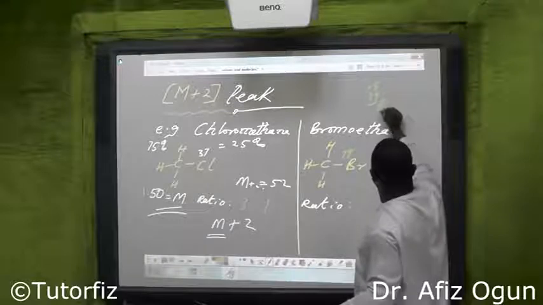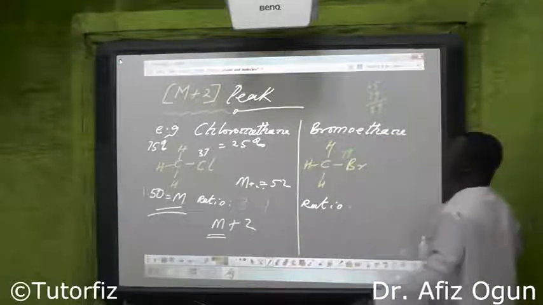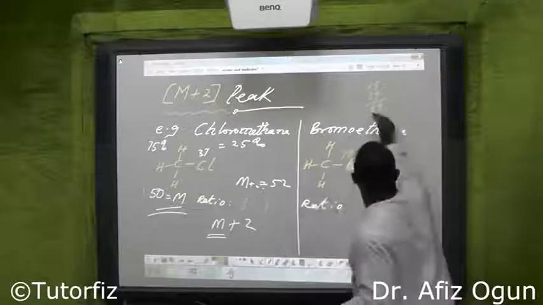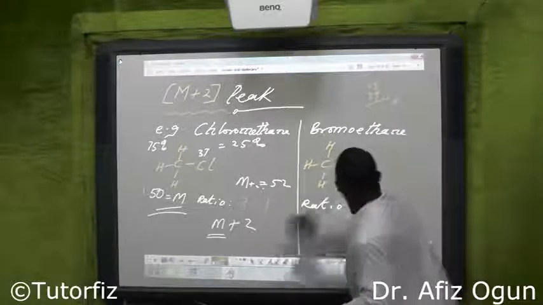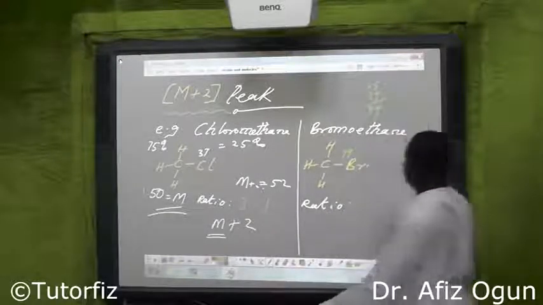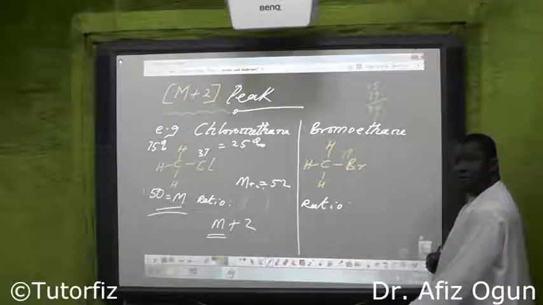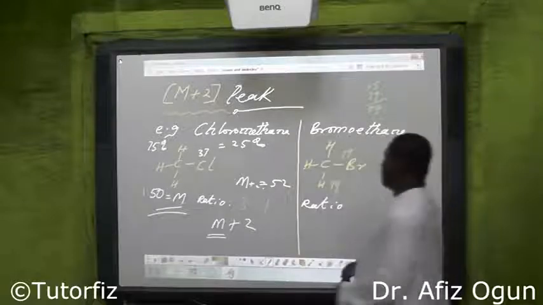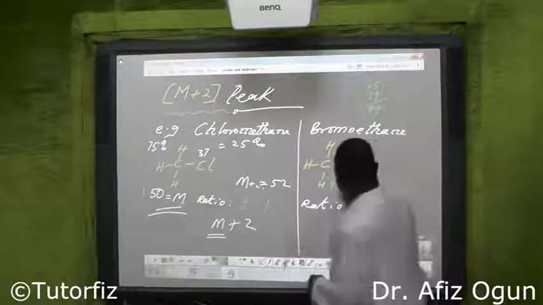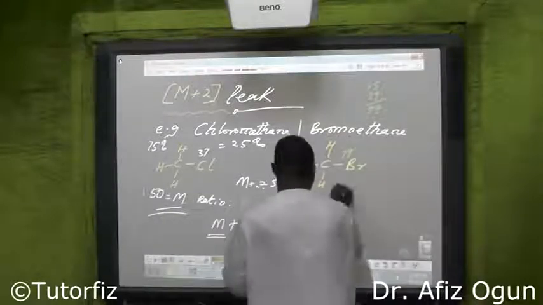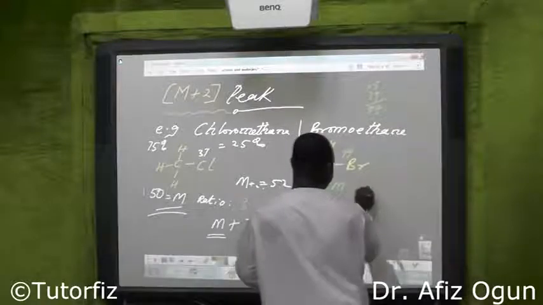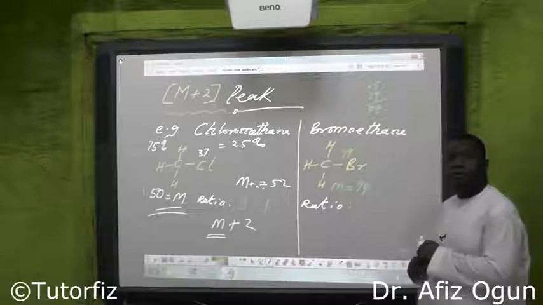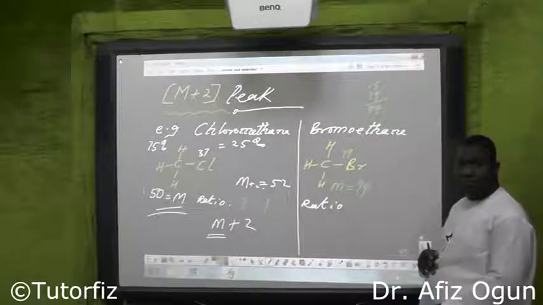This gives us 94. Our M will be 94 there. The peak will be at 94.